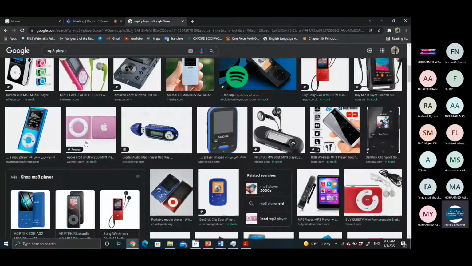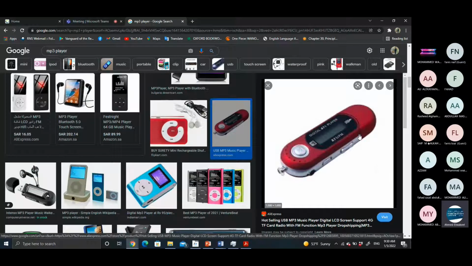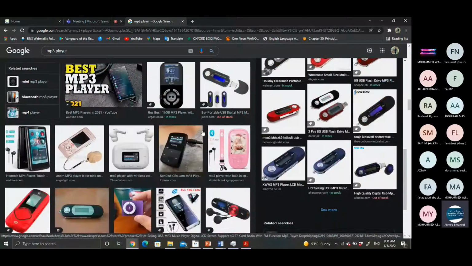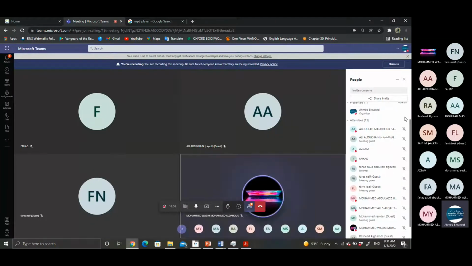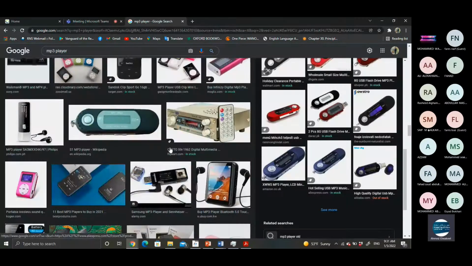People used to have it while going to the gym, moving around, doing whatever they need. And of course, right now we have new versions of it, touch and all of that. But the old one was much thicker, teacher. I had one like this 12 or 13 years ago. So simply, the MP3 player, we use it in order to just play audio files.